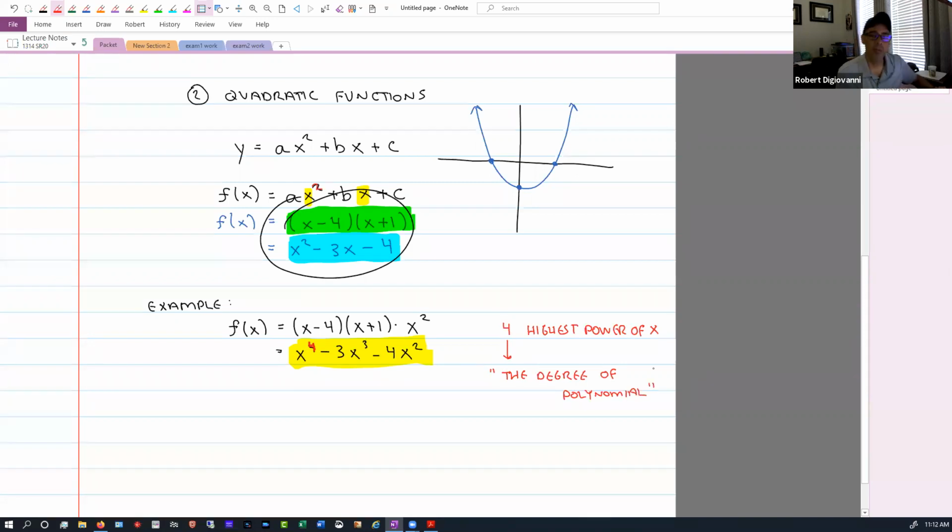Okay, it's called the degree of the polynomial. So that example that I just gave you is what we would refer to as a 4th degree polynomial.